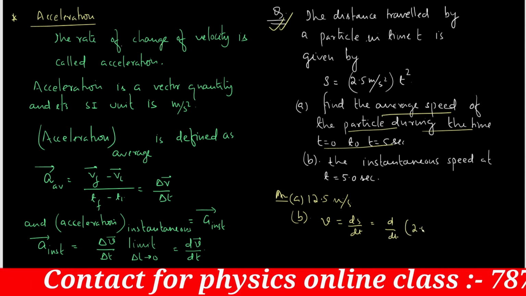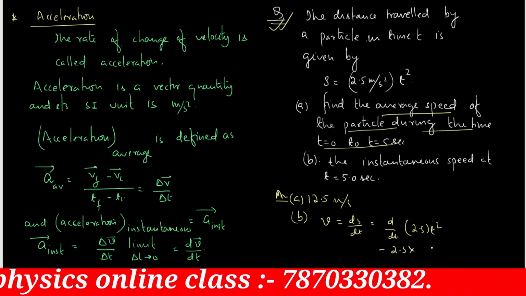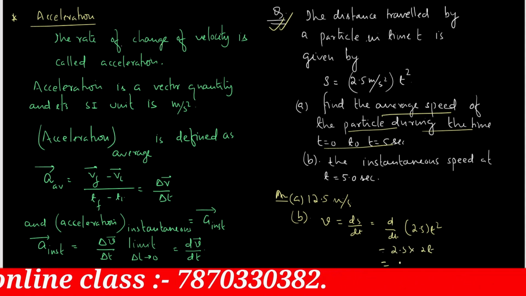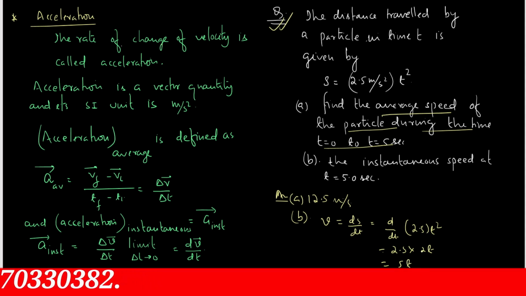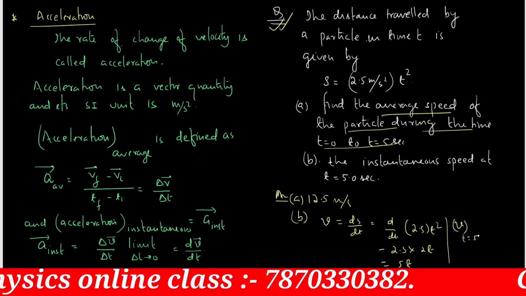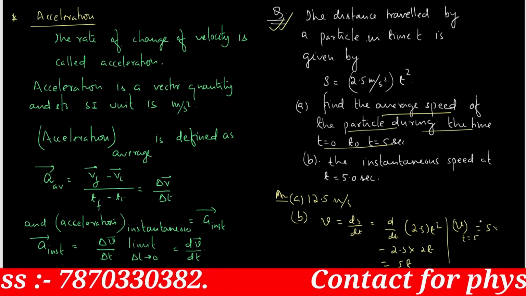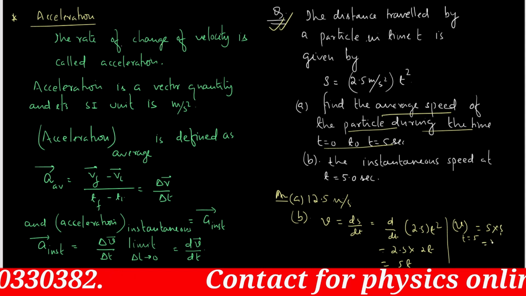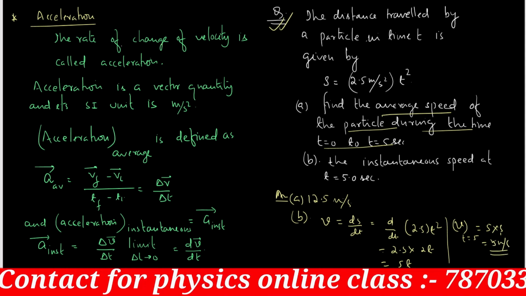And s is 2.5 t square, so 2.5 into differentiation will be 2t, and this will be 5t. Our answer is required for t equal to 5 seconds. So 5 into 5 equals 25 meter per second, right? Yeah. Okay.